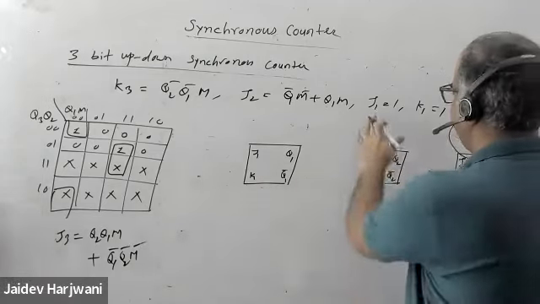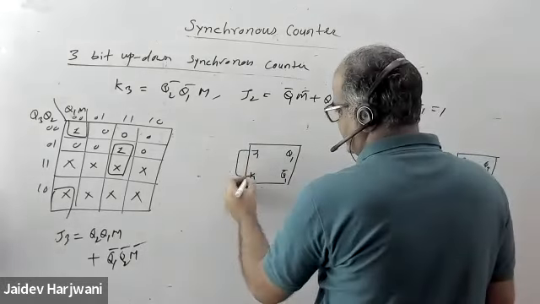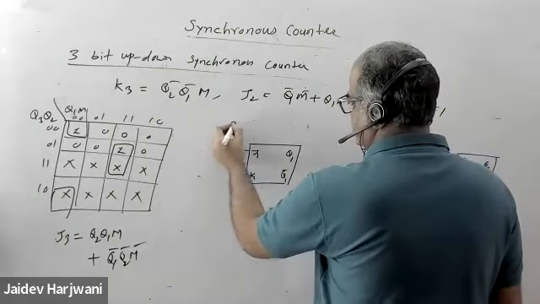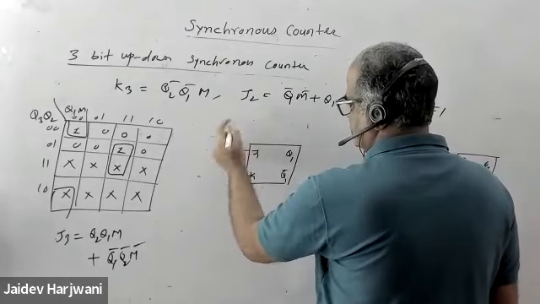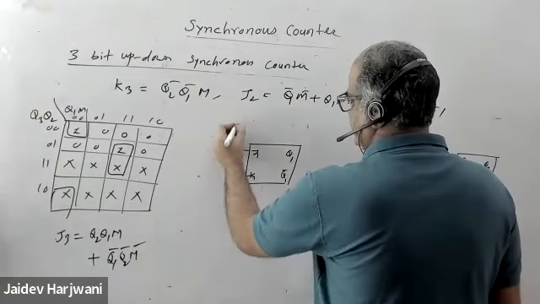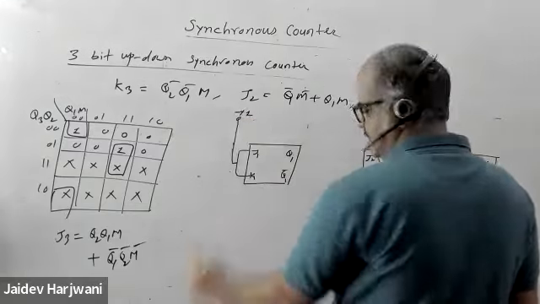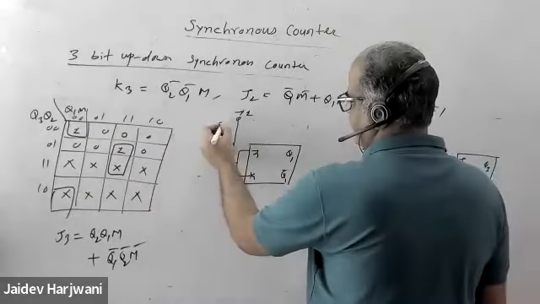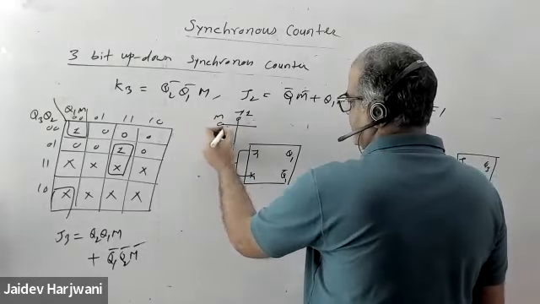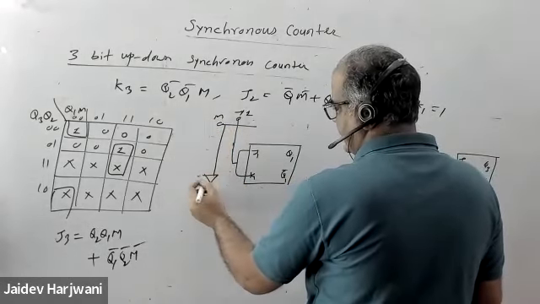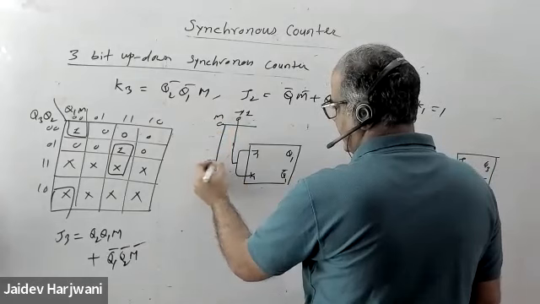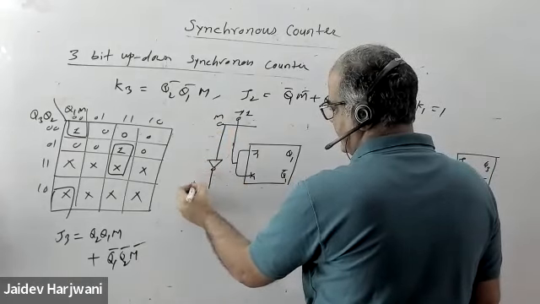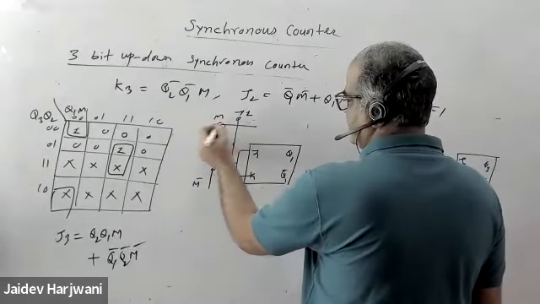Okay, J1 and K1 is 1, so connect it to 1. This is your plus 1. Now this time I told you we have one more parameter called M. So I want M bar also, the inversion of M, and I need this M also.